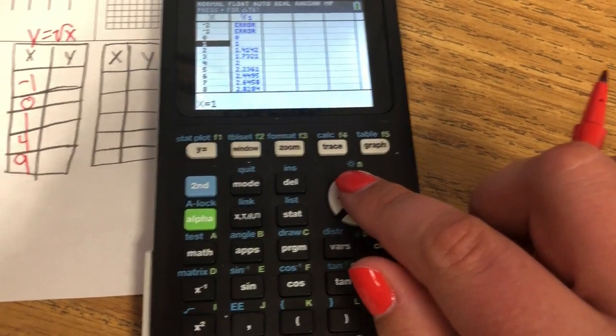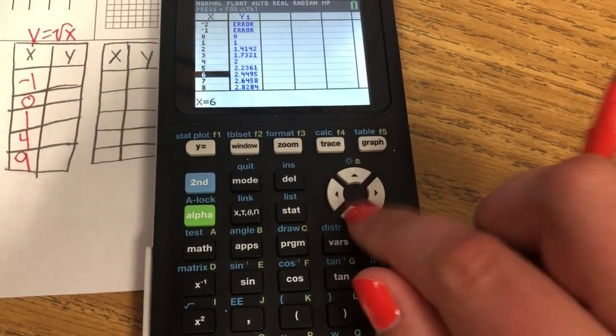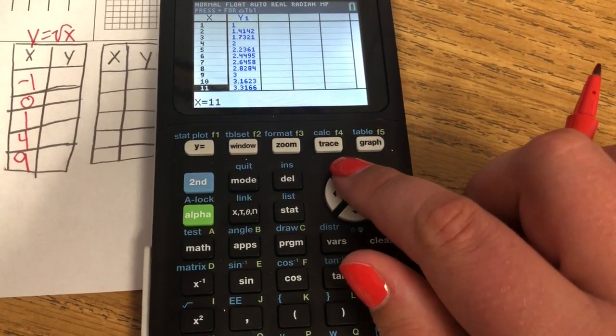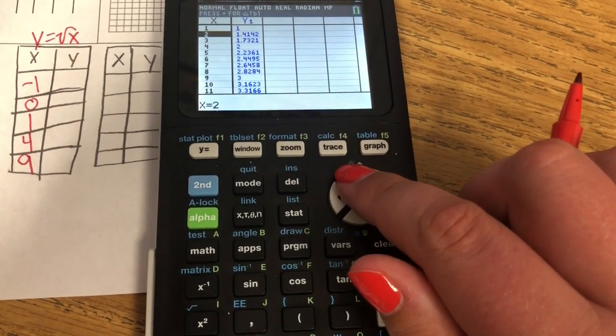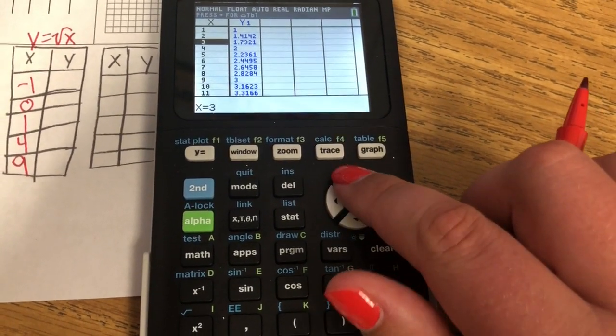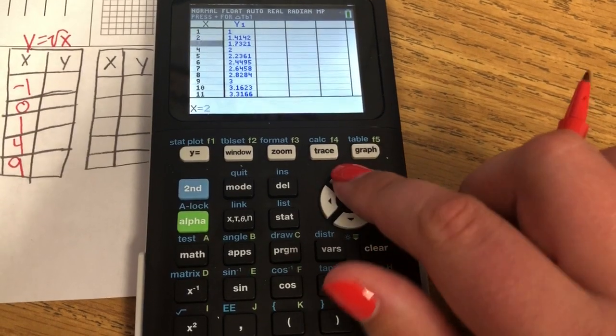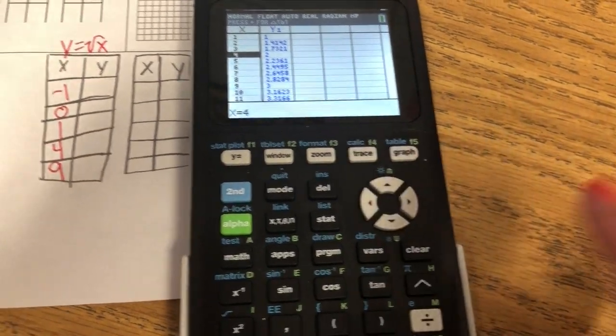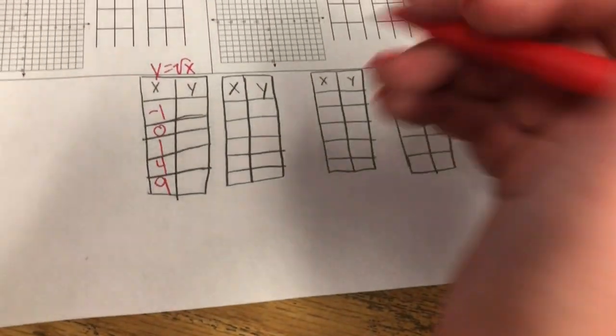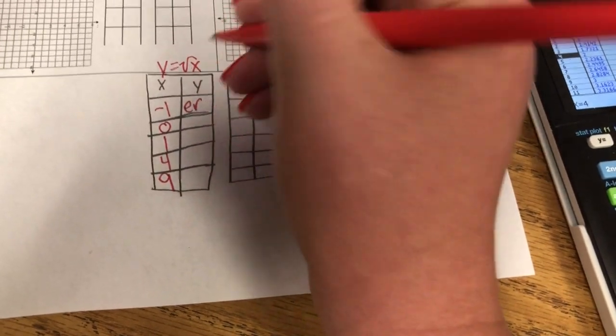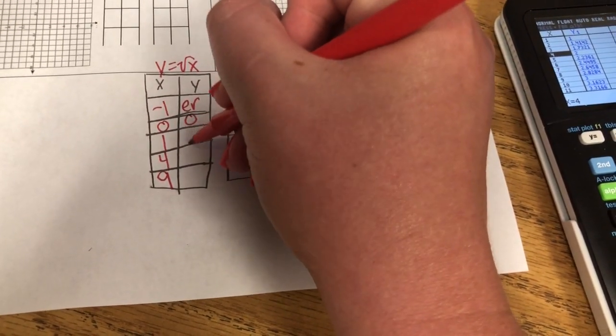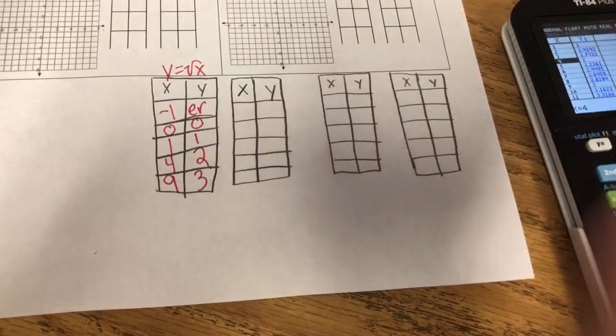The reason why I picked these points is because they're whole numbers for the parent function. If I chose 1, 2, 3, 4, 2 and 3 have very long decimals I don't want to deal with. So at -1 it's error, 0 it's 0, 1, 2, 3.